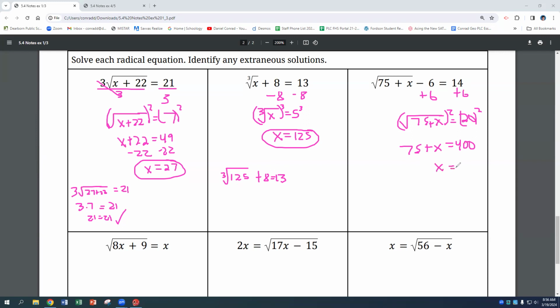Subtract 75 on both sides, and I get 325. Right? Square root of 75 plus 325, minus 6 equals 14. That's going to be square root of 400, which is 20. 20 minus 6, 14 equals 14. This one is good.